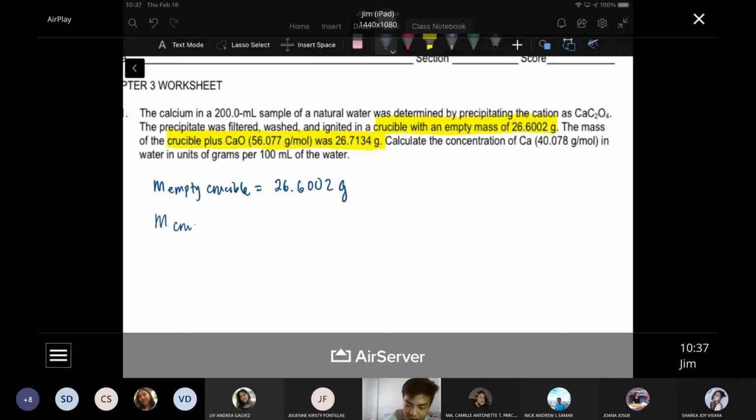Mass crucible plus calcium oxide precipitate, that is now equal to 26.7134 grams. Take note that dapat tumaas yung mass ng crucible and the precipitate na. Hindi pwedeng lower than the empty mass yan. Kasi kapag lower than the empty mass, ibig sabihin yan, basag yung inyong crucible.